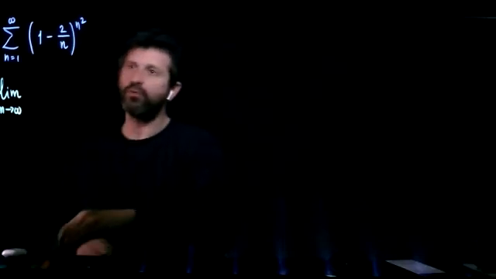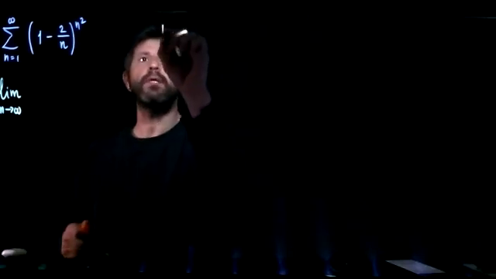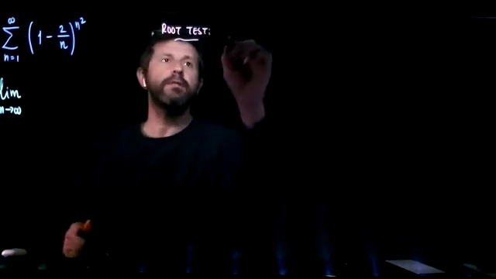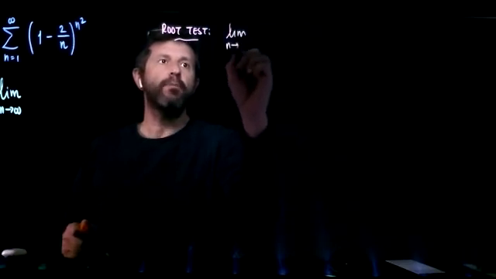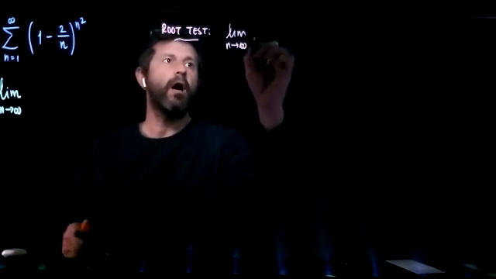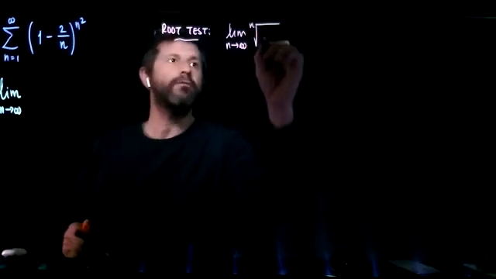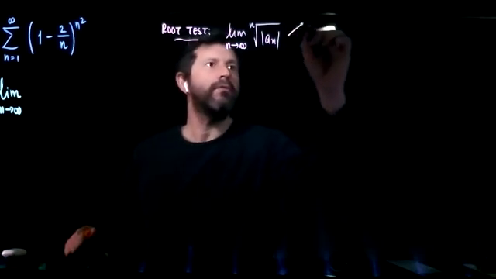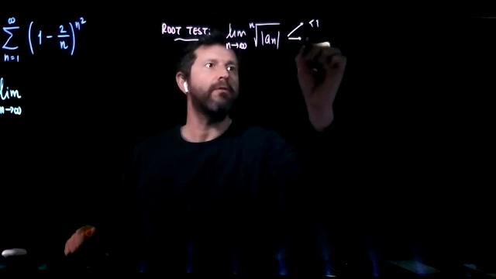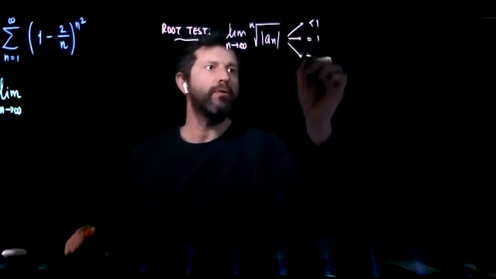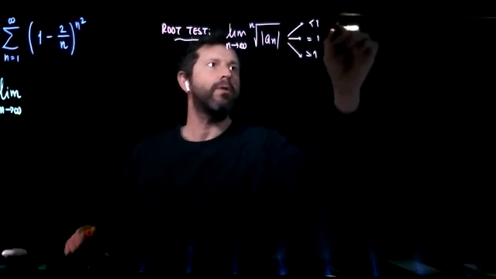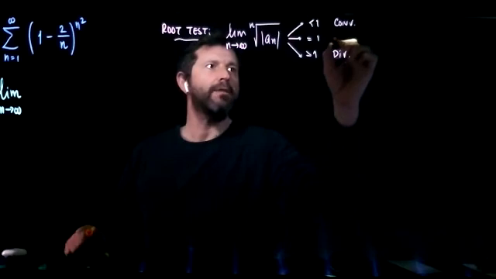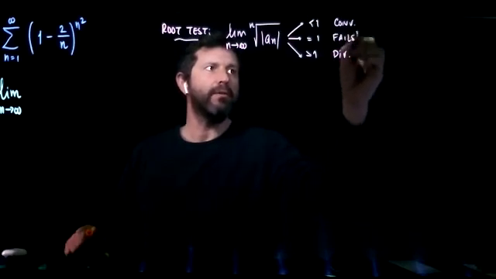So let me remind you what the root test is. The root test is that if the limit as n approaches infinity of the nth root of the absolute value of a_n is less than 1, equal to 1, or greater than 1: if it's less than 1, the series converges, bigger than 1, the series diverges, and equal to 1, the test fails.